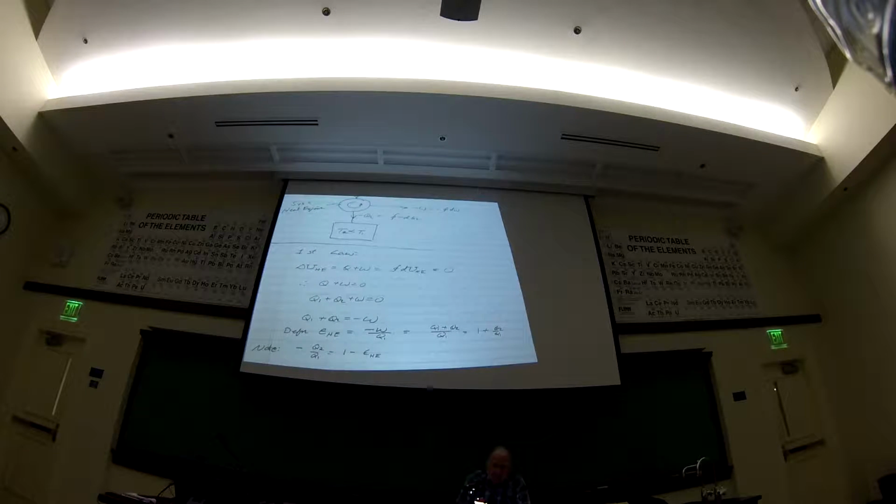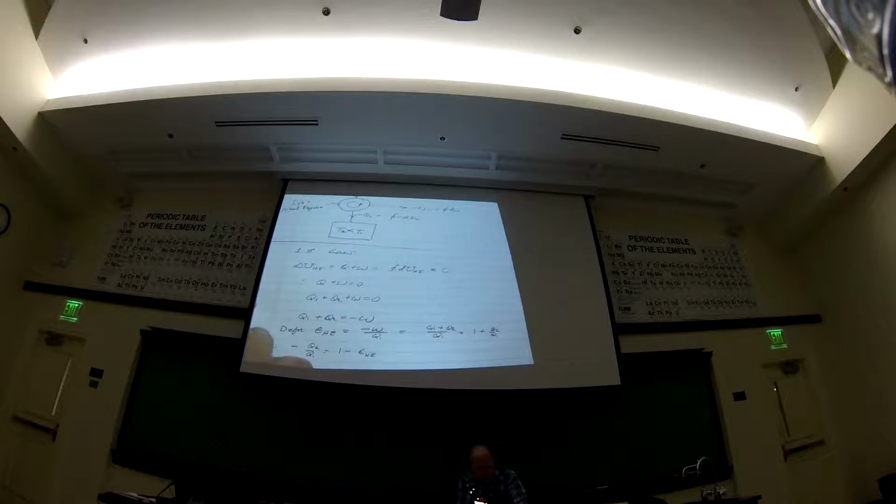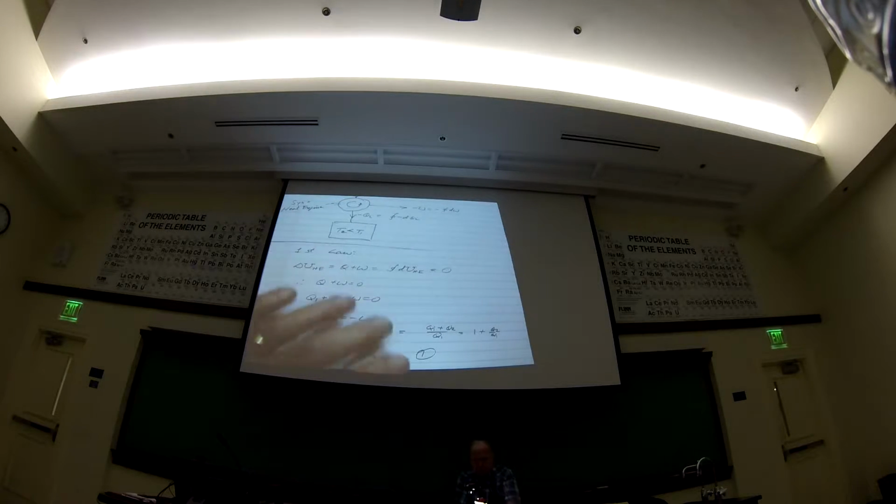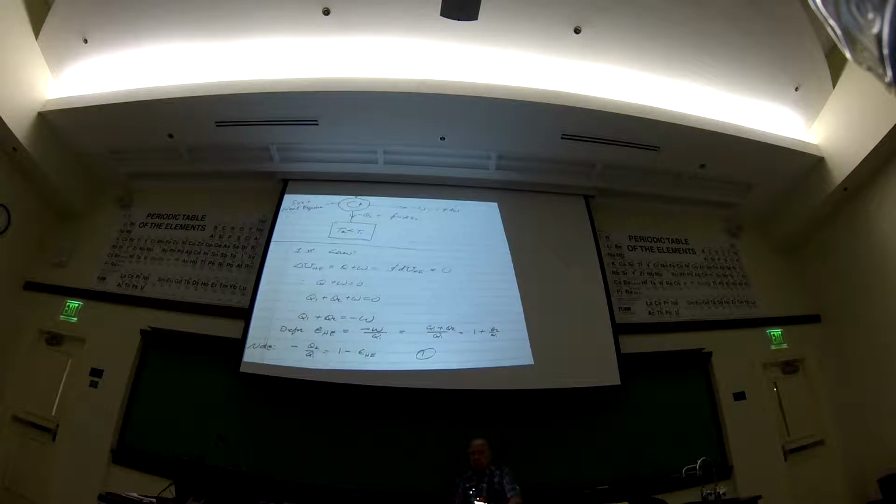Cool. I'll post all these notes this afternoon. I'm trying to write it so you can read it. And I call that equation 1, but we'll refer back to that. That's all for the first law. Just apply the first law.